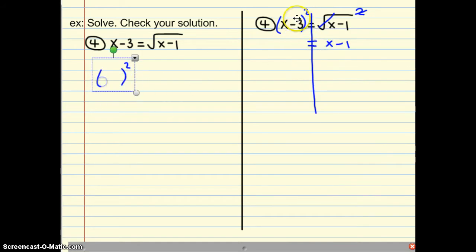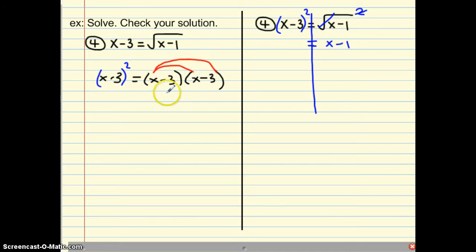Let's put x minus 3 in here, shall we? Because what that is, it's going to be x minus 3 and x minus 3. And we're going to distribute that out here, here, here, here.